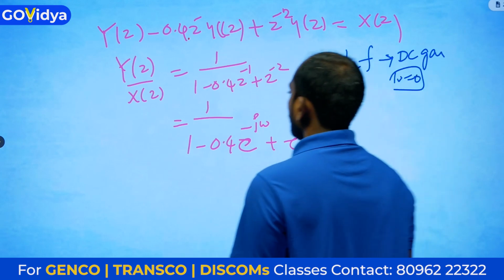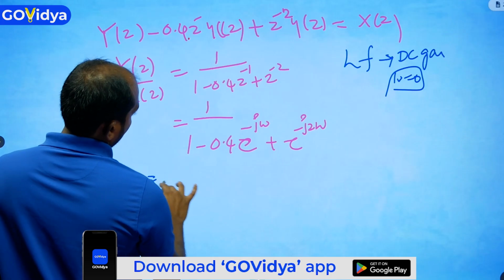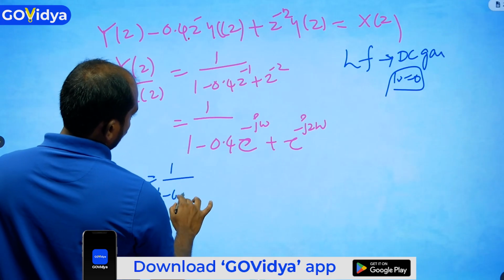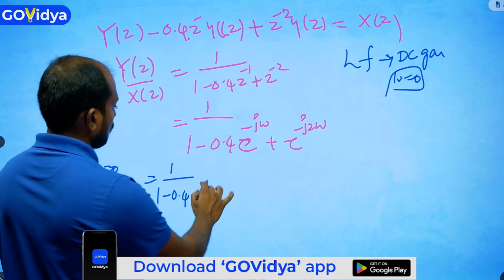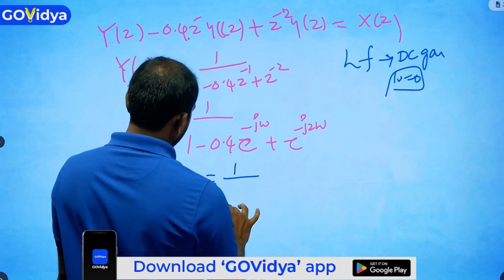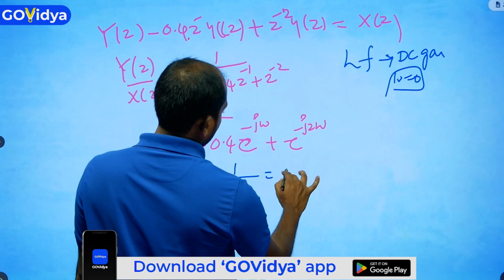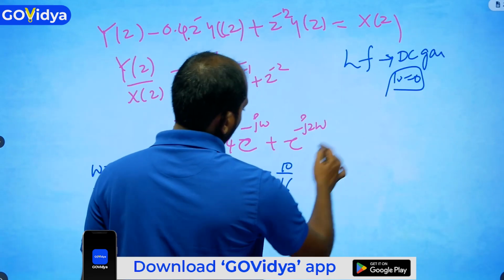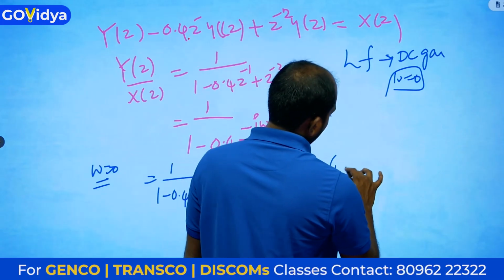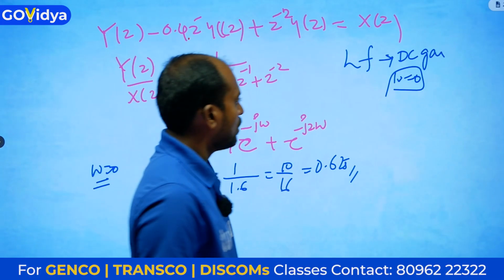If I put omega equal to 0, what I will get? 1 by 1 minus 0.4 plus 1, which is 2 minus 0.4, nothing but 1 by 1.6, which is 10 by 16, which is 0.625. We have got the DC gain.